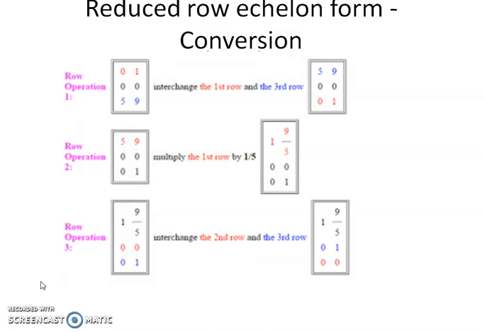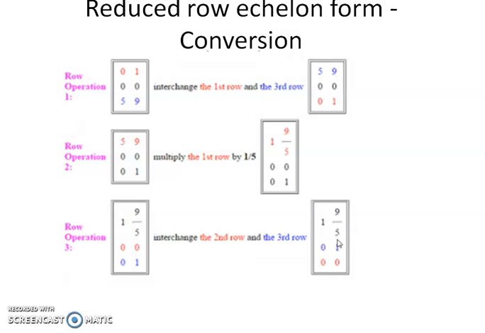Similar to how you convert a matrix to a row echelon form, you can convert the matrix to reduced row echelon form also. We discussed in the previous video how we convert it. In this case, the last matrix you can consider as a row echelon form. It is not considered a reduced row echelon form.